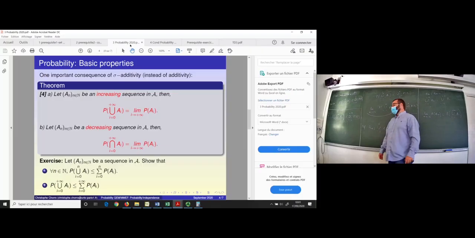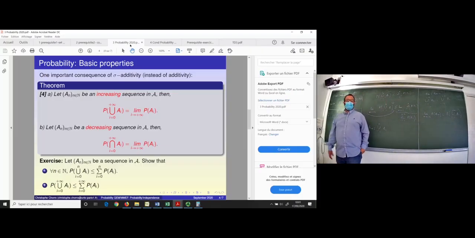So in fact, you see that I use this theorem just in order to justify the fact that I can pass to the limit. And it's the case because here you have an increasing sequence. This one is by induction, because I want to prove it for all n.